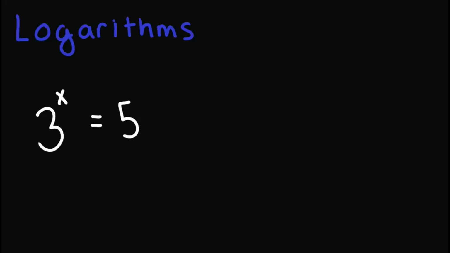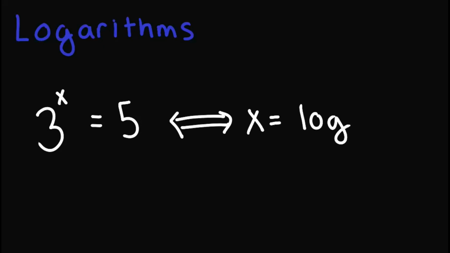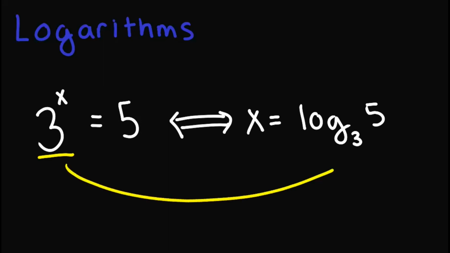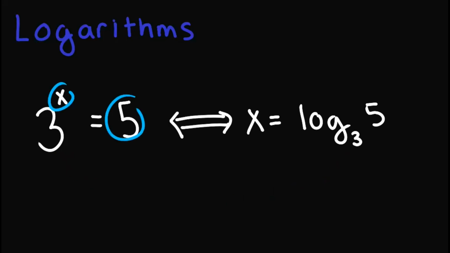But by logarithm, x is simply the logarithm of 5 with respect to base 3. So again, simply retain this 3 out here, and then we switch up this 2 out here.